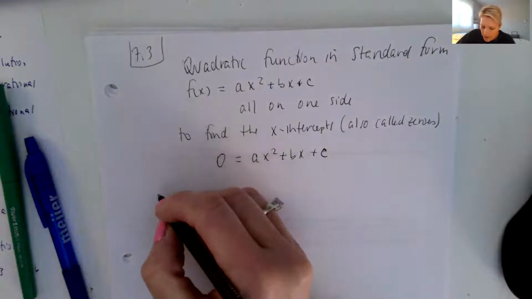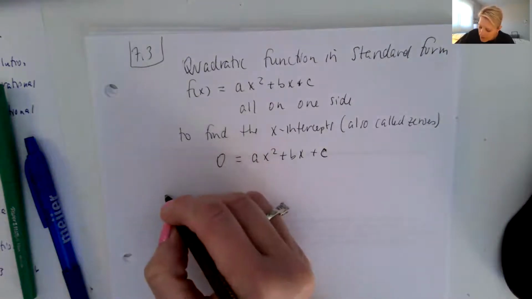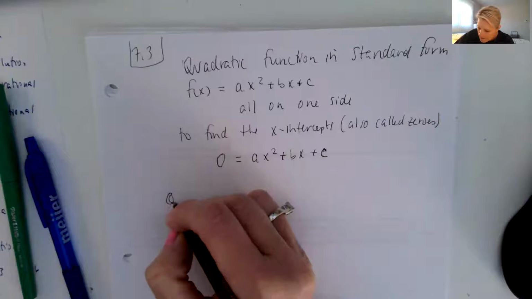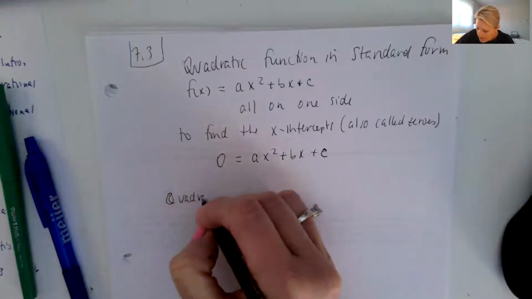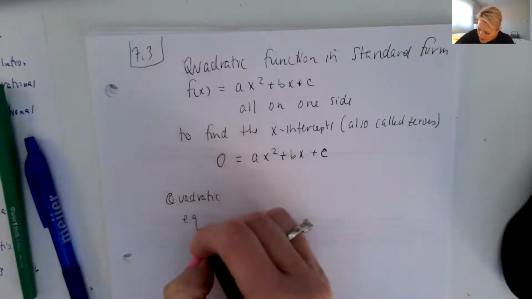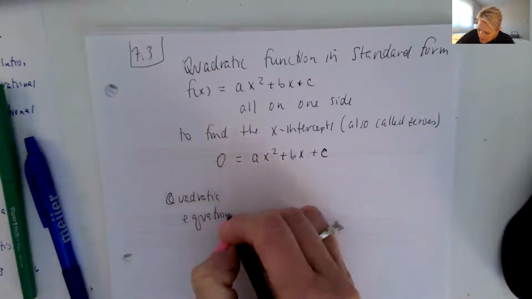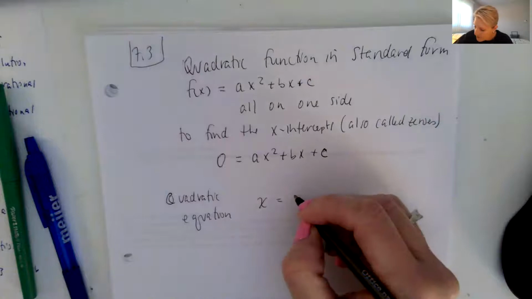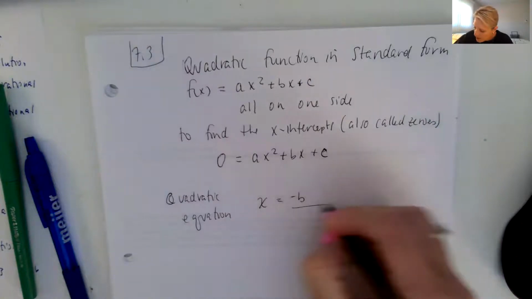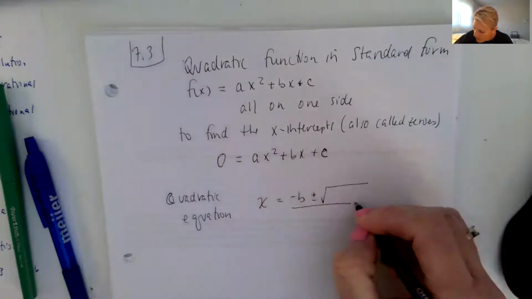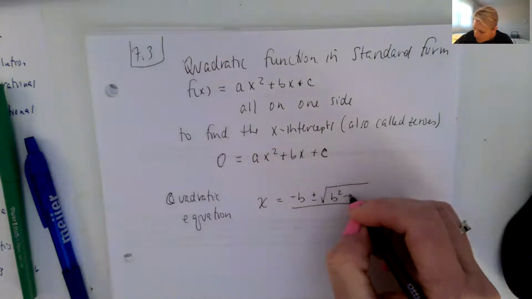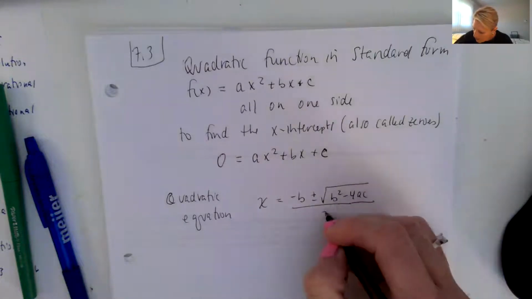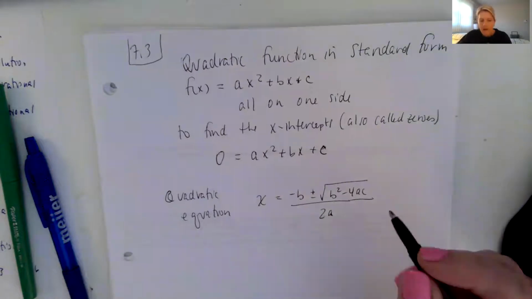In the quadratic equation, we're solving for the x-intercept. So we're solving for an x value. We have the opposite of b plus or minus the square root of b squared minus 4ac over 2a.